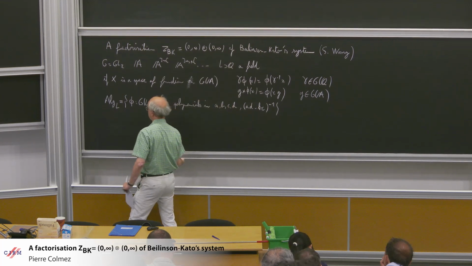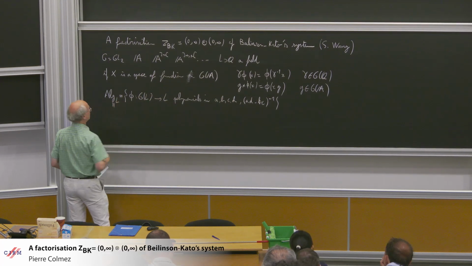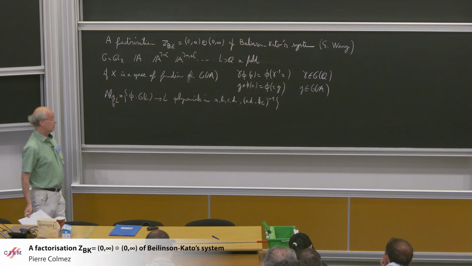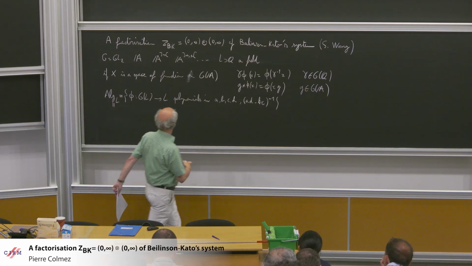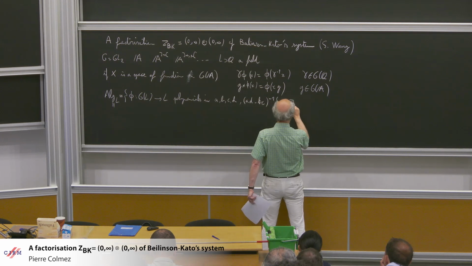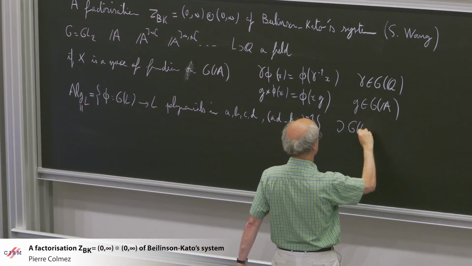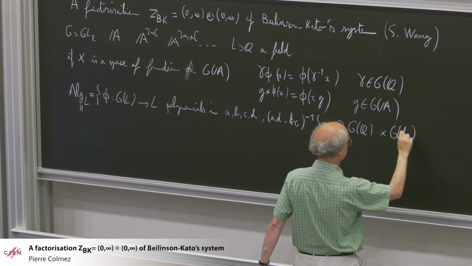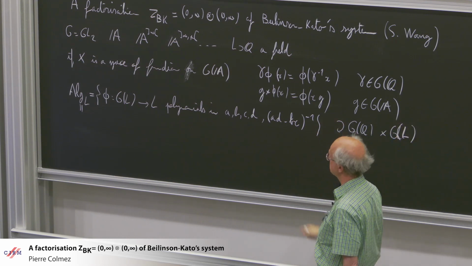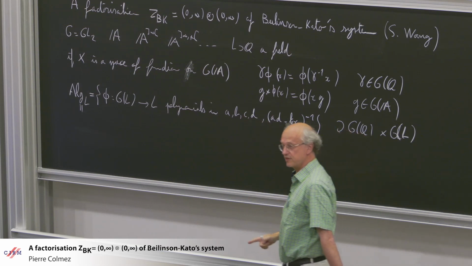So this you can decompose into irreducible representations for the two groups. So here you have action of G of Q on the left and G of L on the right. G is GL2, it's written. It's the first thing I wrote on the board.